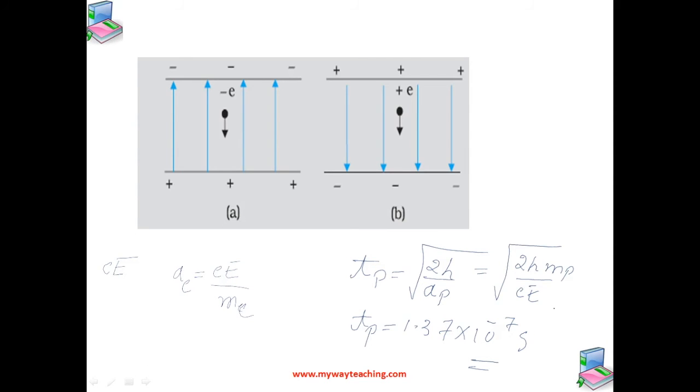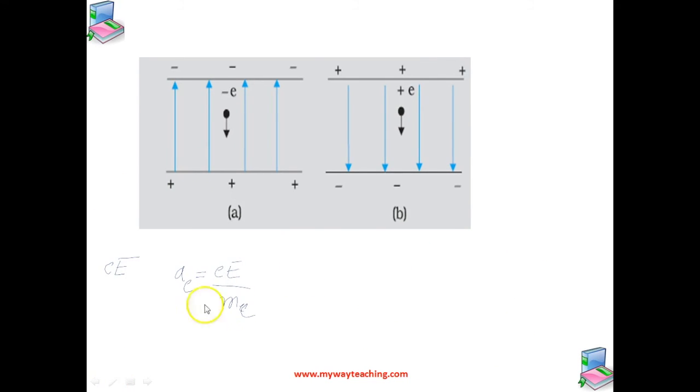That is given by, so acceleration of proton is given by eE by m_p. So here we know e, we know E, and we know m_p.